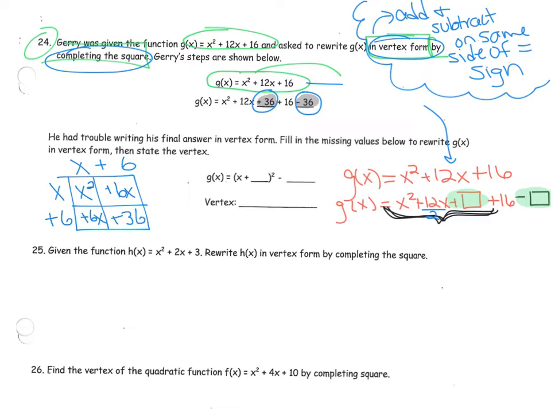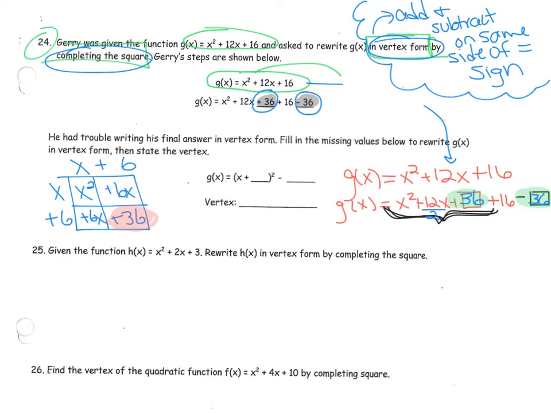Okay, we've done these a bunch of times now. Remember, this is your c value right here. That's the missing number. That's the number that belongs here and also here. Because remember, if I add to one side of the equal sign, I better also be subtracting on that same exact side. That really, it's just canceling it out.